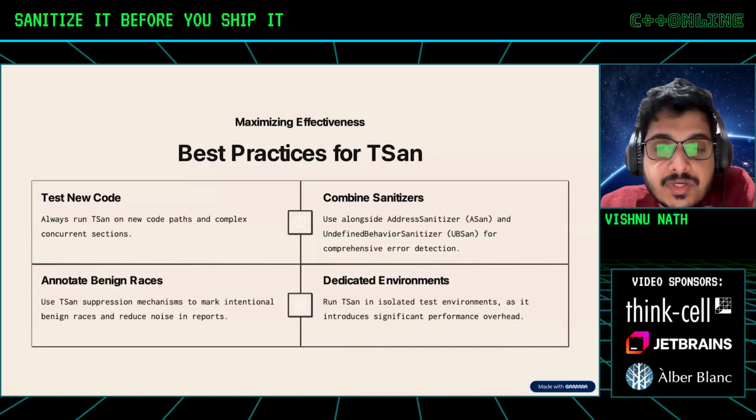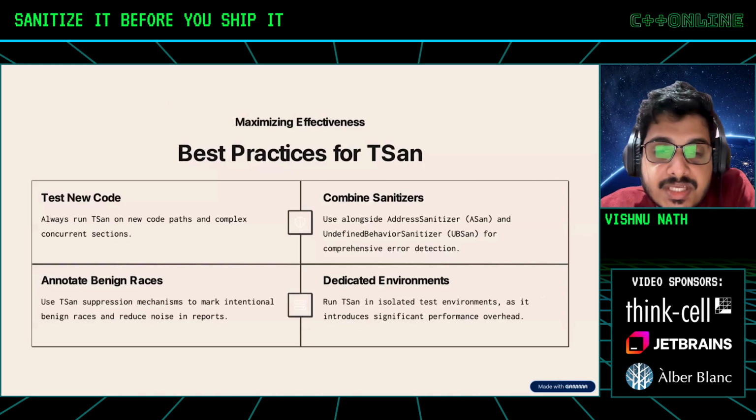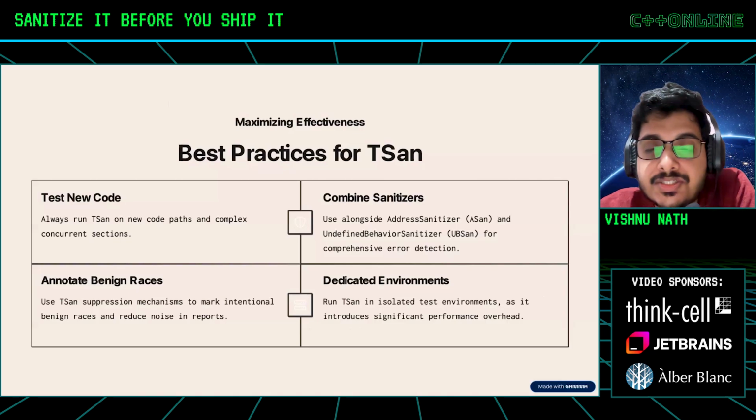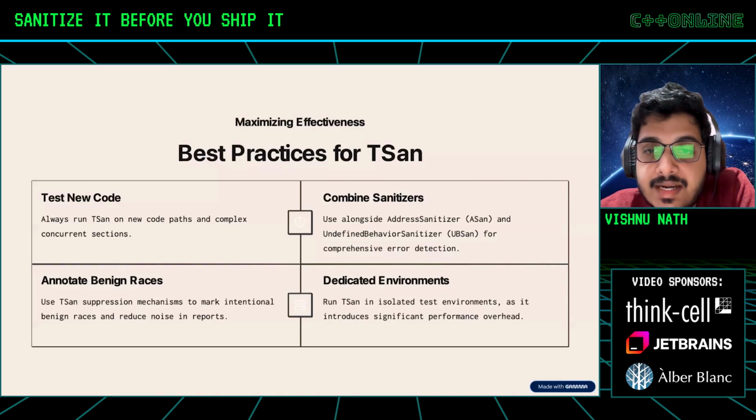So those are the best practices with TSan. Always test your code with TSan. Understand its full potential and use it to test your code and find hidden concurrency bugs, and combine all the sanitizers. As I told, AddressSanitizer is there to detect memory issues, and UndefinedBehaviorSanitizer is for undefined behaviors.